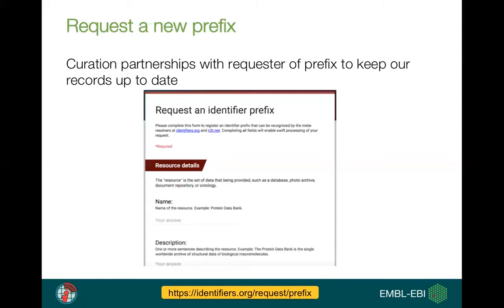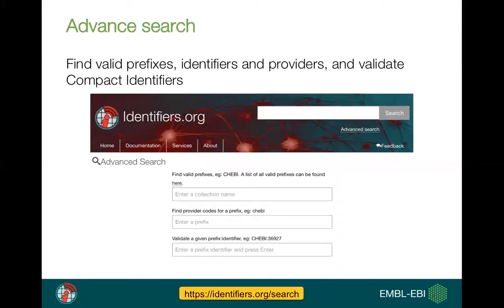In some cases people fill in everything, and it's easier to add it to our registry. If the form is not filled in properly, then it takes a bit longer. So if anyone wants their resource quickly in the Identifiers.org registry, then it will be good if you can fill in the whole form.